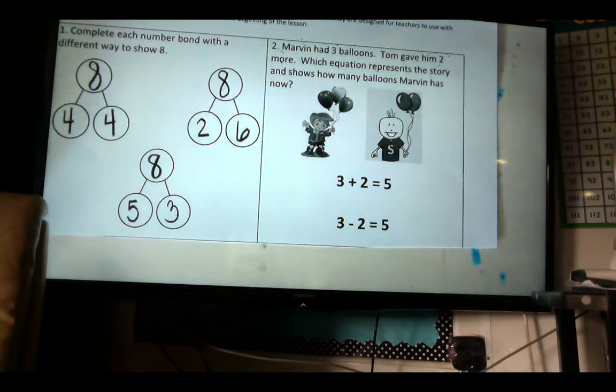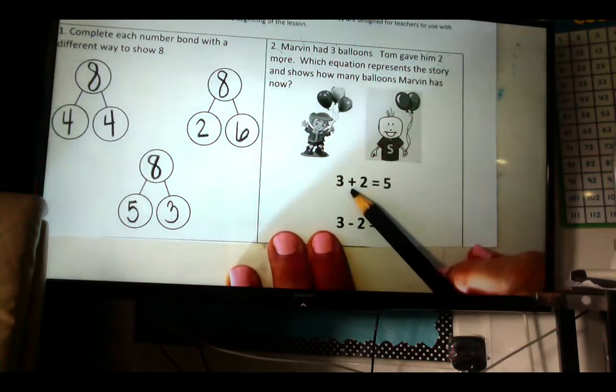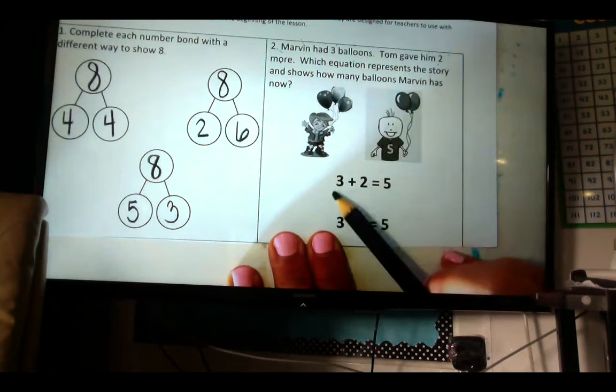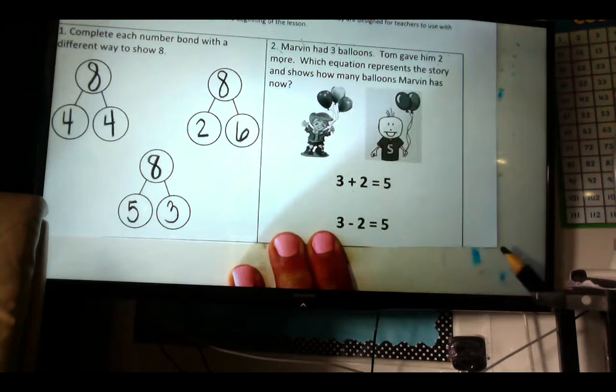Turn and talk to somebody near you. Two more is represented by +2. Marvin started with 3 balloons and Tom gave him 2 more.